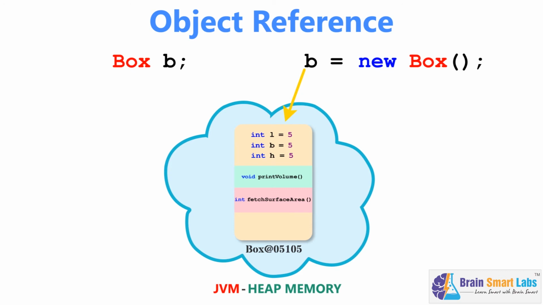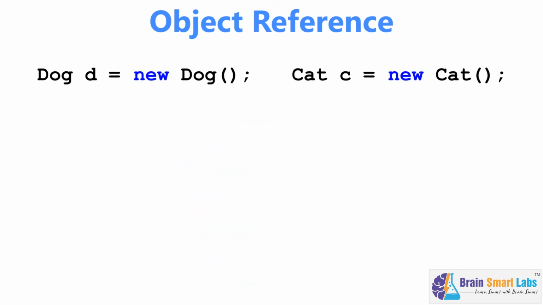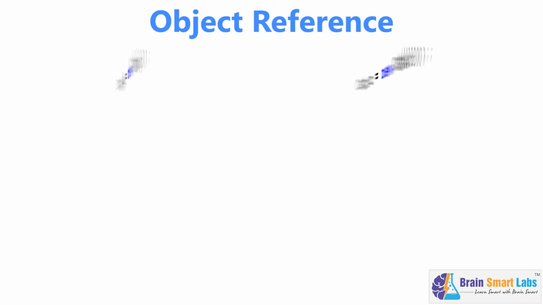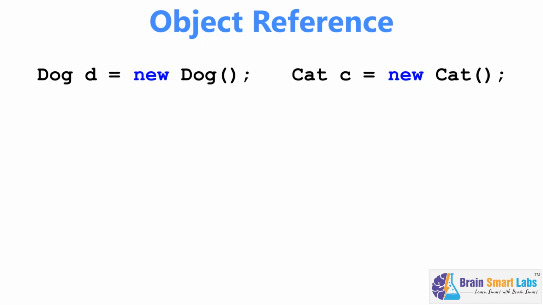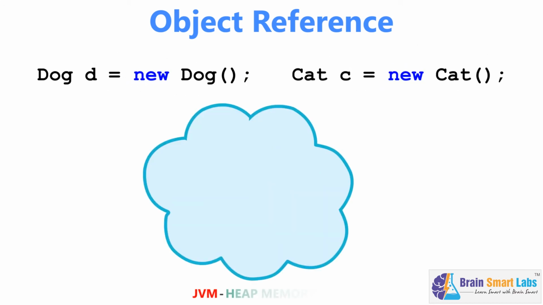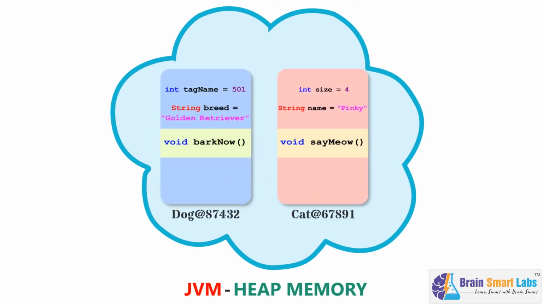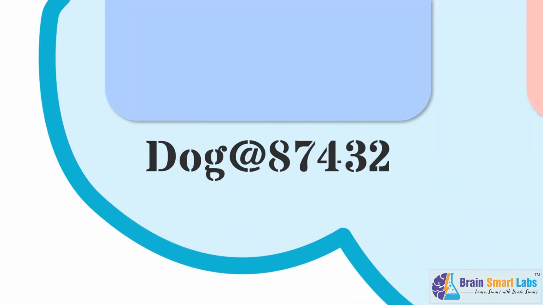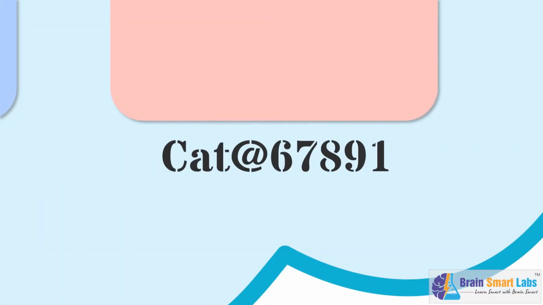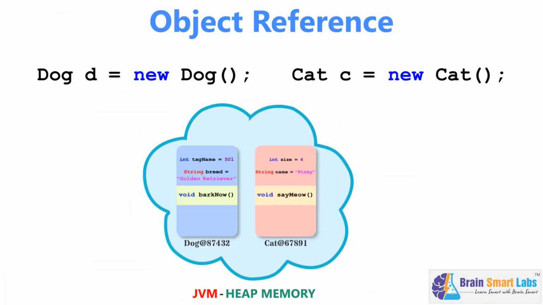The same principle will apply both for our Dog object and Cat object. When the above statements get executed, both the Dog object and Cat object get created inside the heap memory. Each object created in the JVM will have its own unique memory address, and this address can be understood only by our JVM.